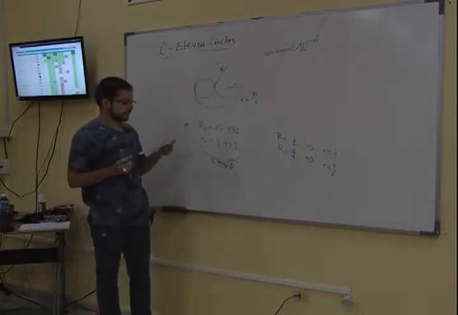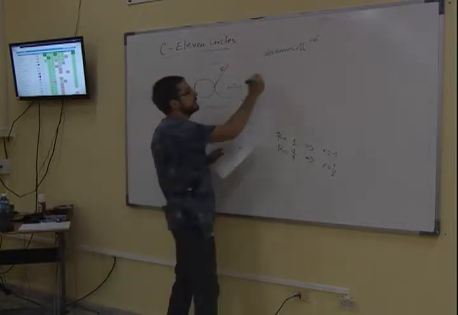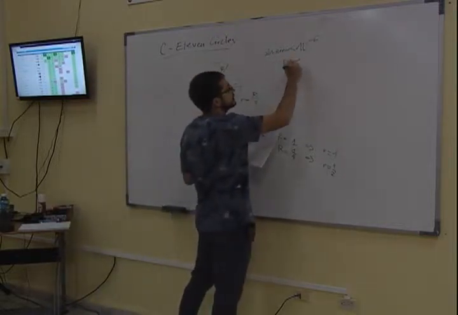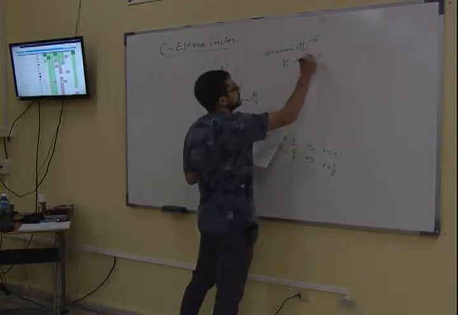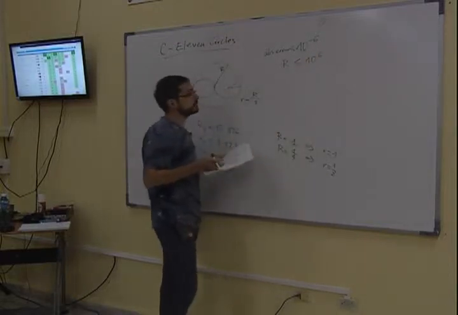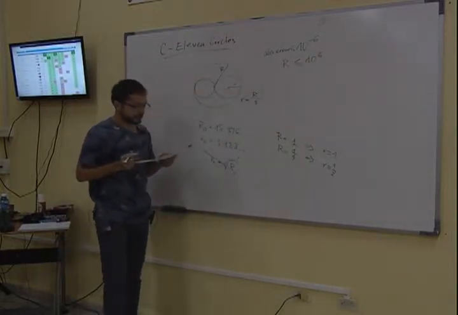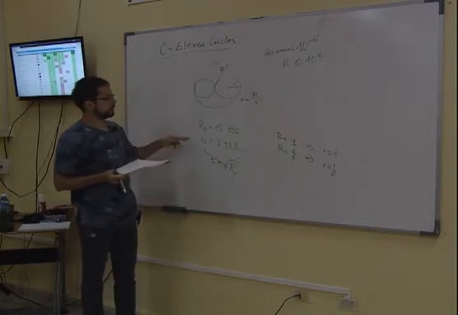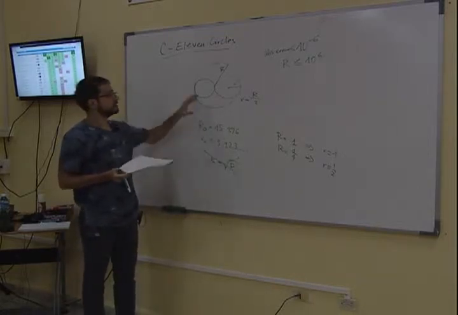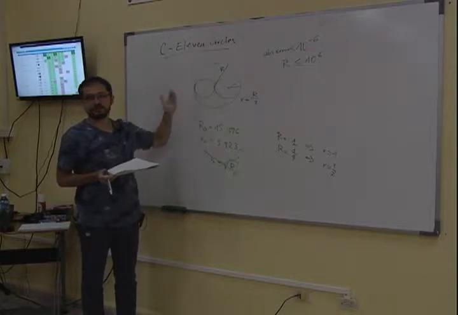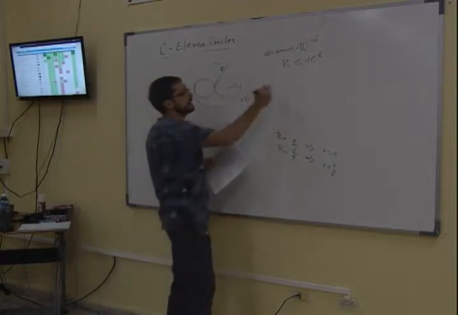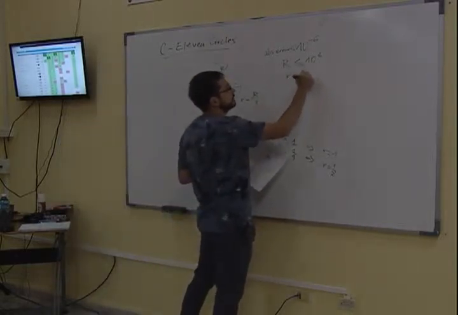And you can see what the input is. The input R is up to 10 to the 6th. Because you know that the answer will be smaller than the input, because the smaller circles are smaller than the big one, you know that the answer will also be smaller than 10 to the 6th.